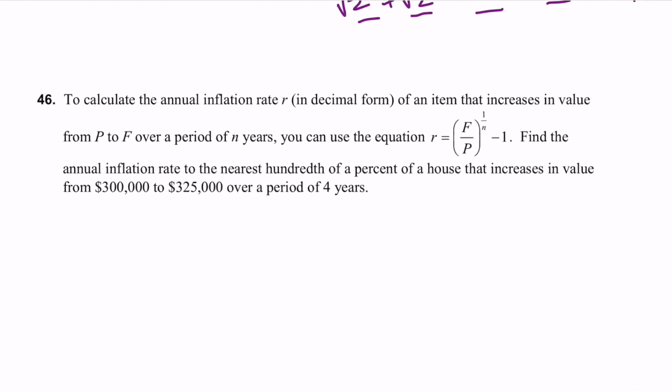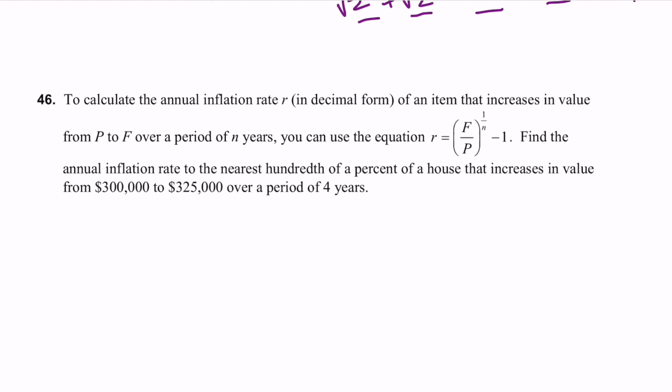To calculate the annual inflation rate, R, in decimal form of an item that increases in value from P to F over a period of n years, you can use the equation R equals F over P to the 1 over n, minus 1.